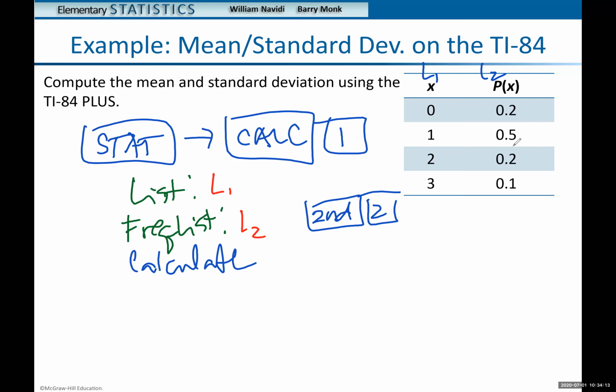So here, the mean of all this is the X bar, which is 1.2. You see that?